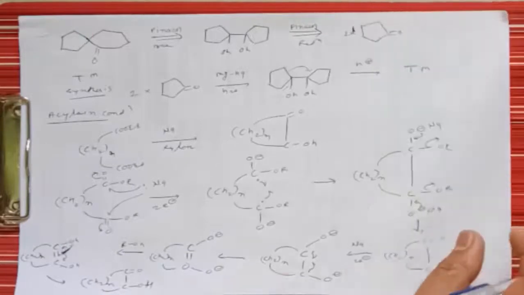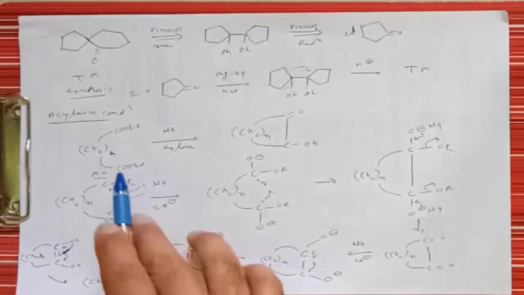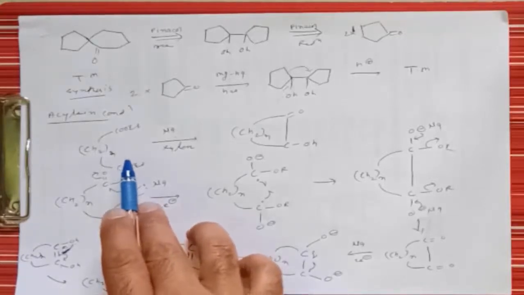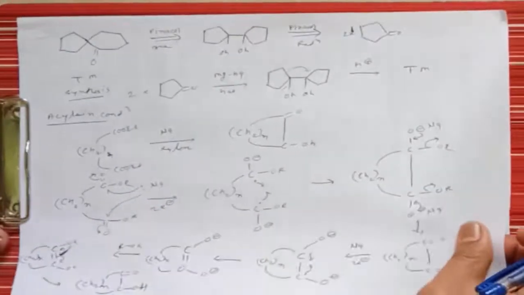Let us take one example on this acyloin condensation. That means if there is such type of alpha hydroxycarbonyl compound, a cyclic system, then we can go for the formation of this ester, and then the ester will be converted into this alpha hydroxycarbonyl compound. Let us take an example.